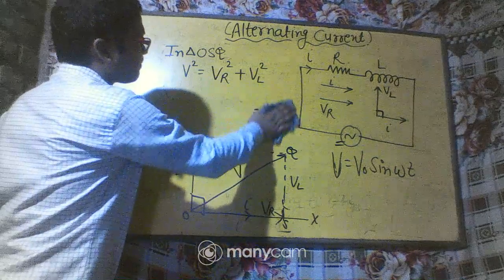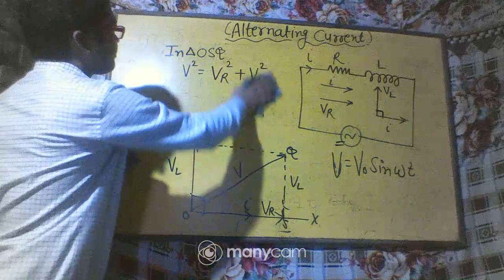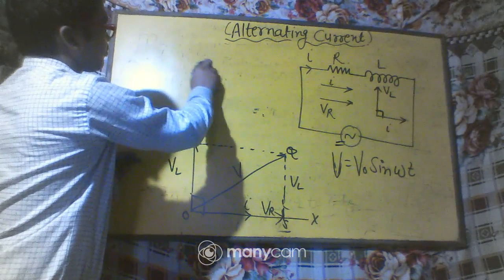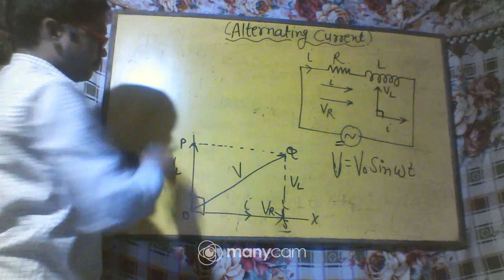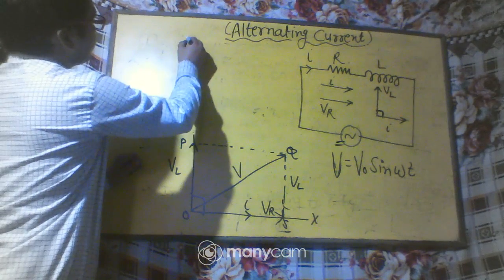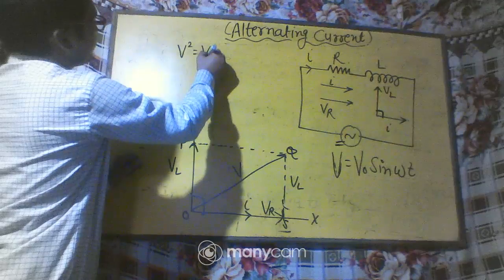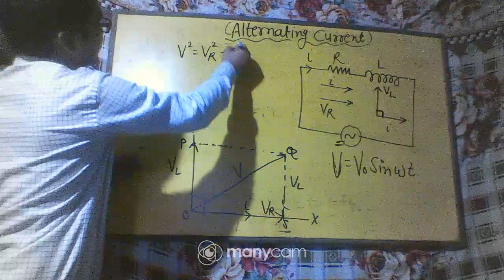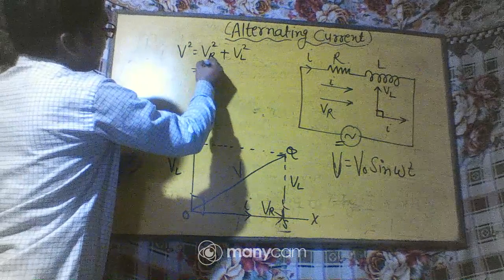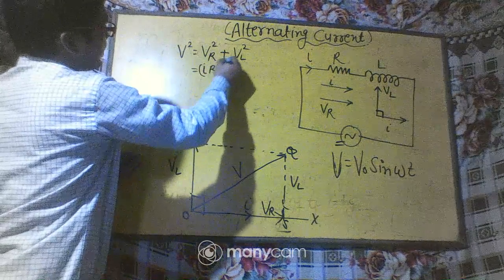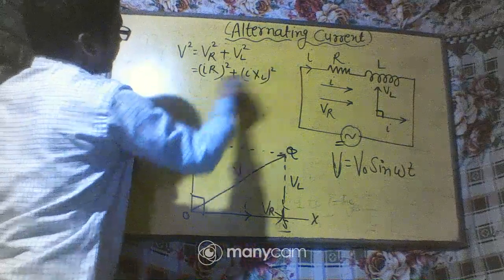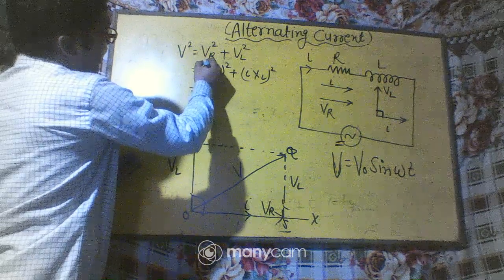Okay. So if I erase this part, you can write V square is equal to VR square plus VL square is equal to I into R whole square plus I into XL whole square.